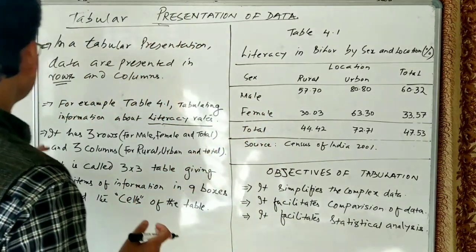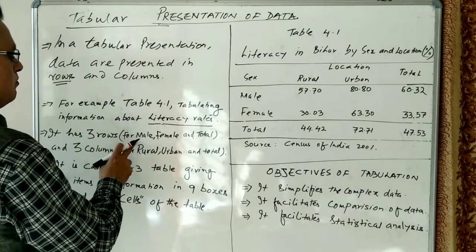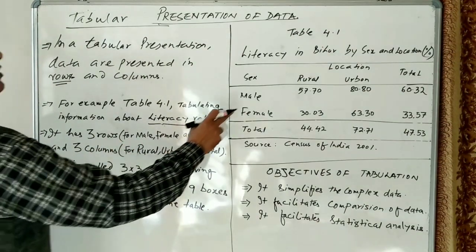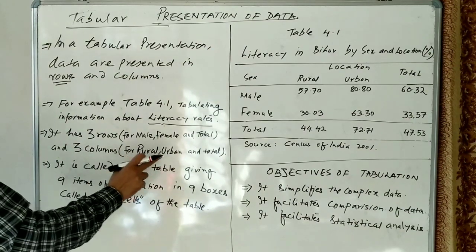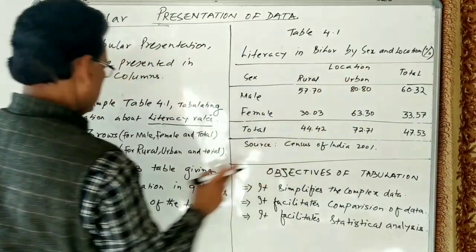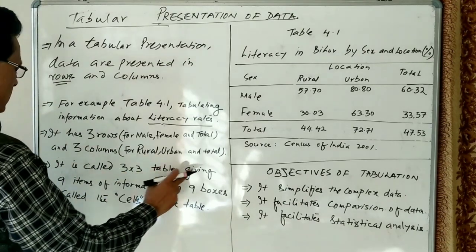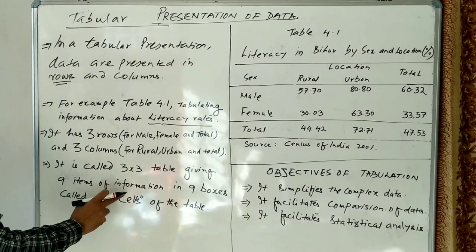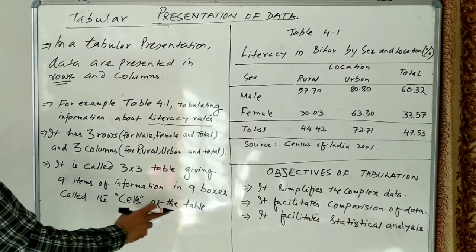As I have already written, it has 3 rows for male, female, and total, and 3 columns for rural, urban, and total. It is called a 3 by 3 table, giving 9 items of information in 9 boxes called the cells of the table.